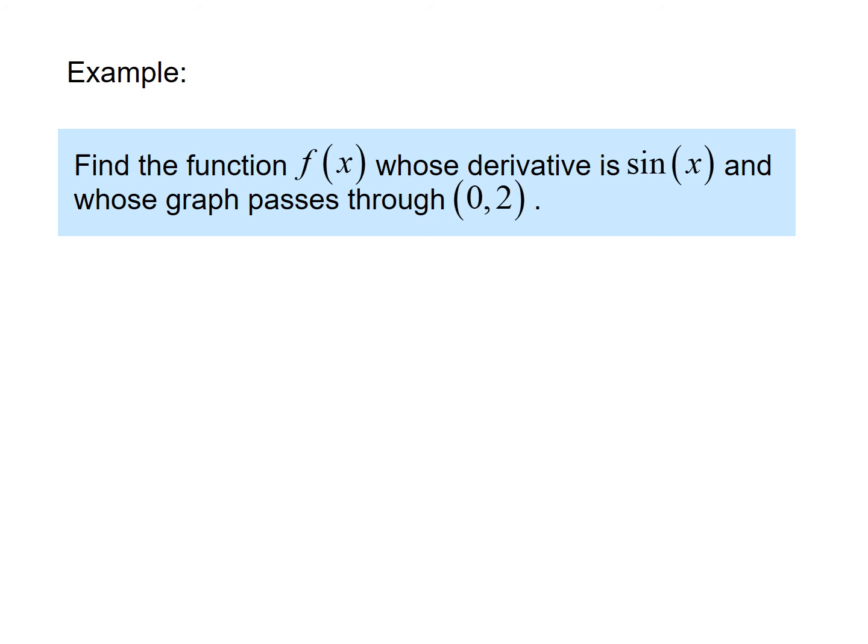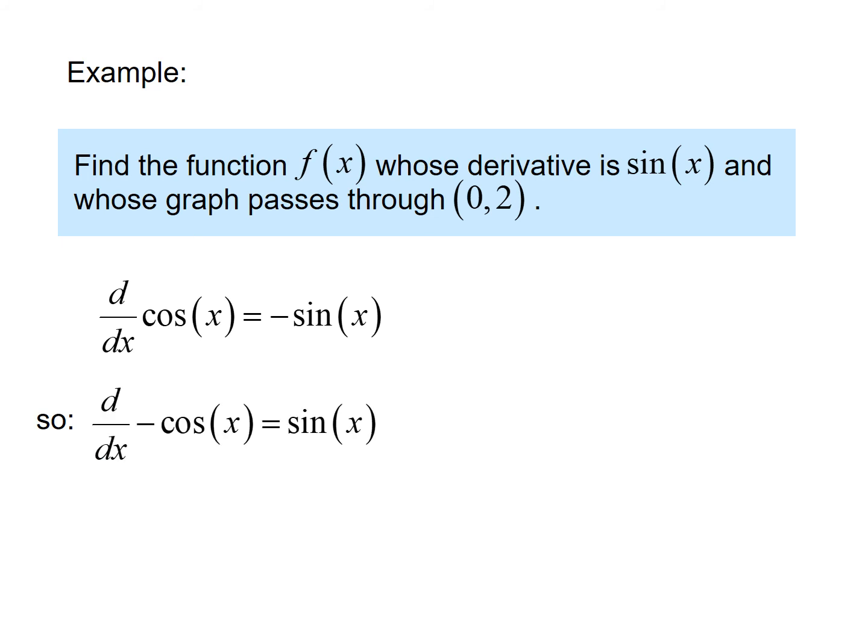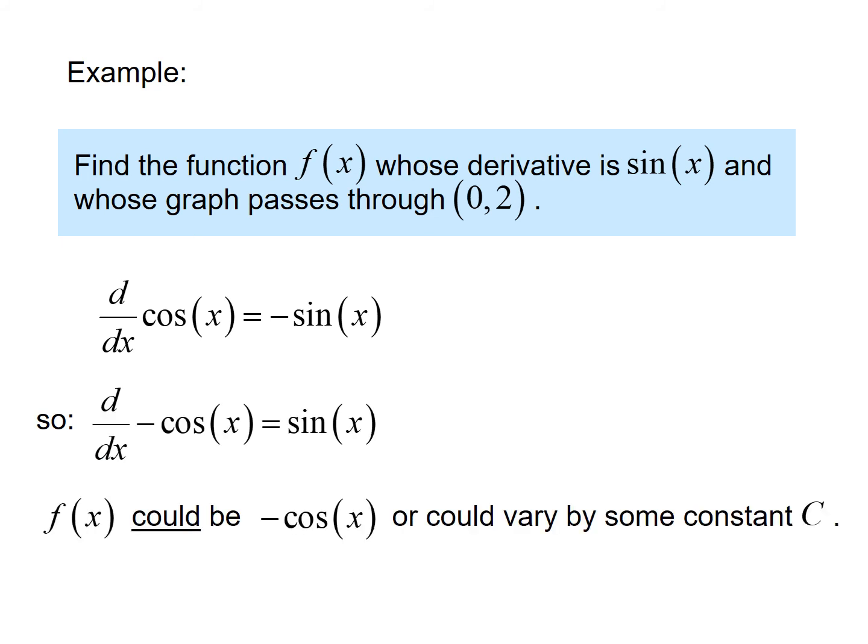So let's find the function f of x, whose derivative is sine of x. So keeping in mind what we just saw on the previous page, we know that a function could produce sine of x, but could differ by some constant. So let's see, derivative of cosine is negative sine, which means the derivative of negative cosine is sine.